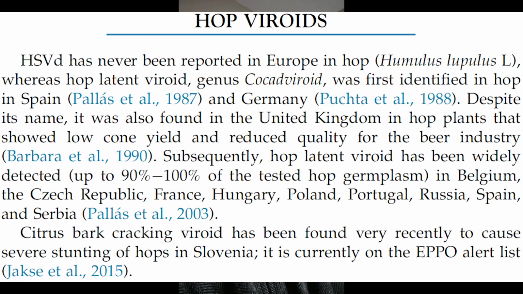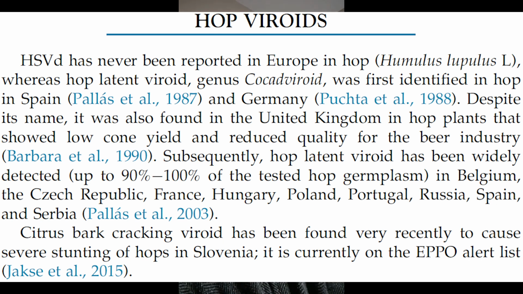They talk about hop viroids. They say hop stunt viroid, I believe, has never been reported in Europe in hop, Humulus lupulus, whereas hop latent viroid, genus Cocadviroid, was first identified in hop in Spain. And according to the paper, which I believe is the reference to the actual identification, that was 1987, and Germany in 1988. Despite its name, it was also found in the United Kingdom in hop plants that showed low cone yield and reduced quality for the beer industry, and that was in 1990.